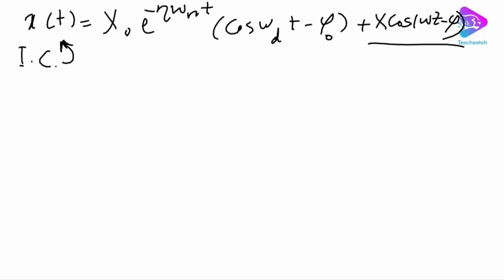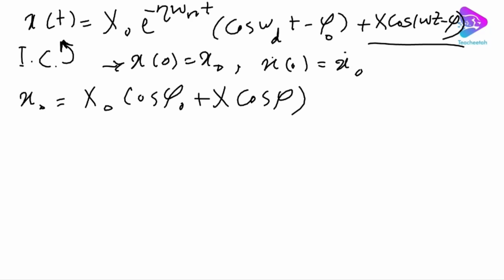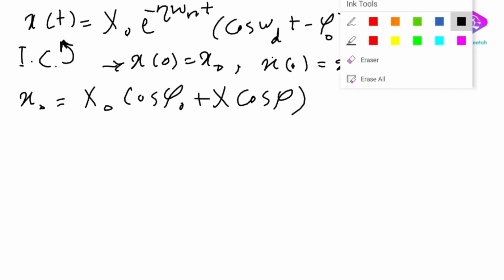So let's just do this. For initial conditions, we have x at 0, which is x naught, and we have x dot at 0, which is equal to x dot naught. We know those values, they were defined in the problem. So what is x naught? Just simply plug in 0 in the above equation. It's equal to X naught cos phi naught plus X cos phi, right? So we don't even need a bracket here.